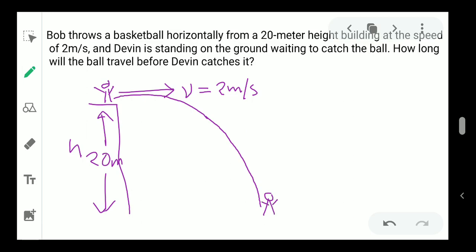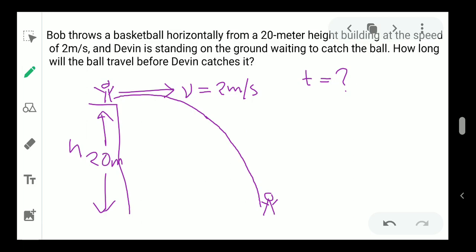How long will the ball travel before Devin catches it? How long means you have to find out the time. So here again we can see one thing, that we have two motions. The first motion is along the x-axis.